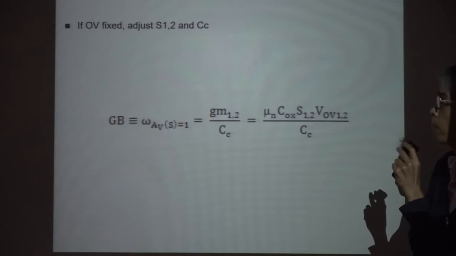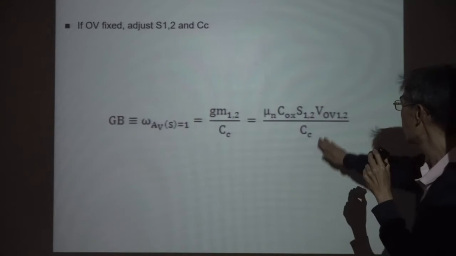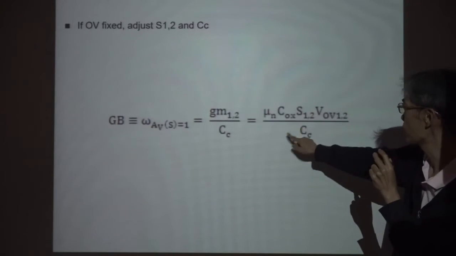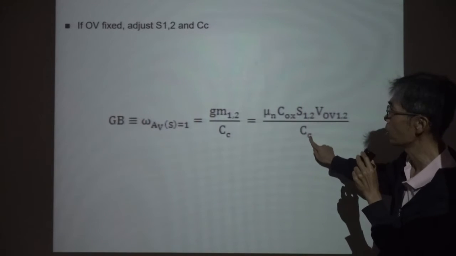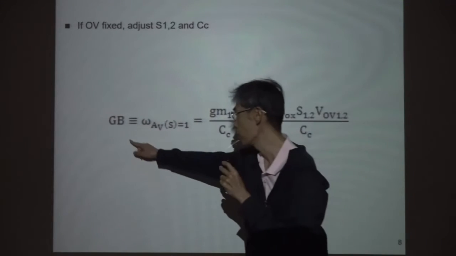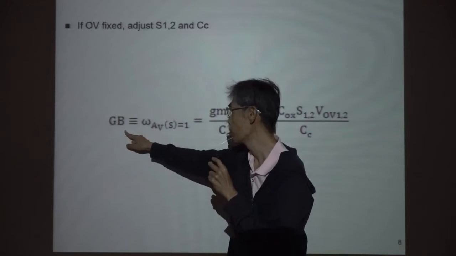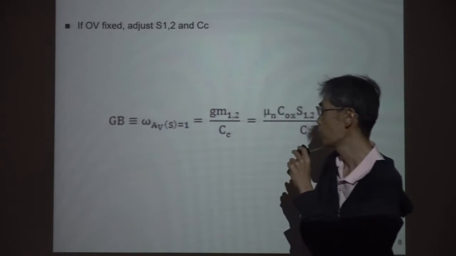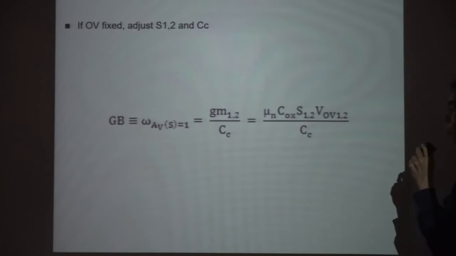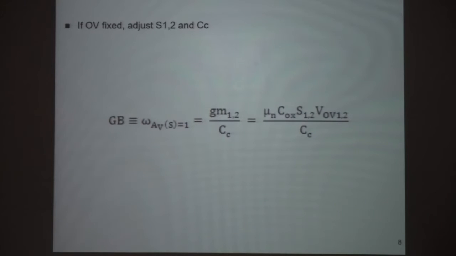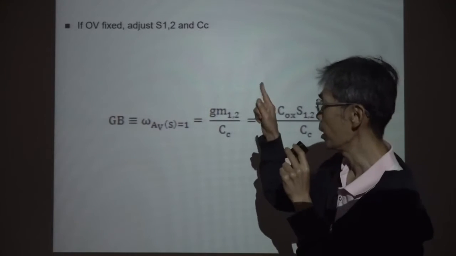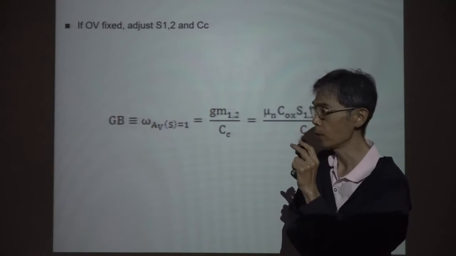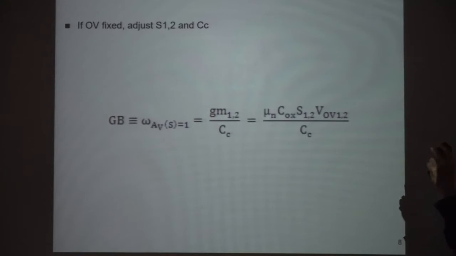So if the overdrive is fixed, we can adjust S1, 2, and CC to adjust for this unit gain GB value, the unit gain frequency. So in this design, we play with the S value and the C value to reach our goal.